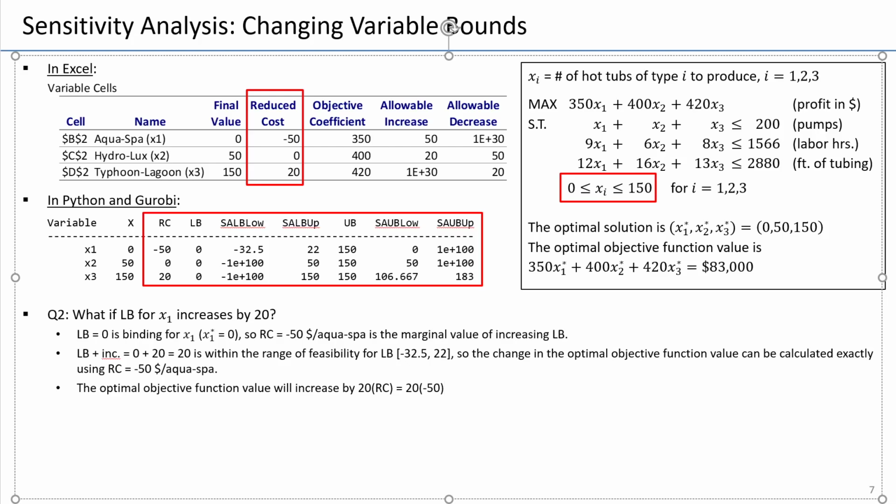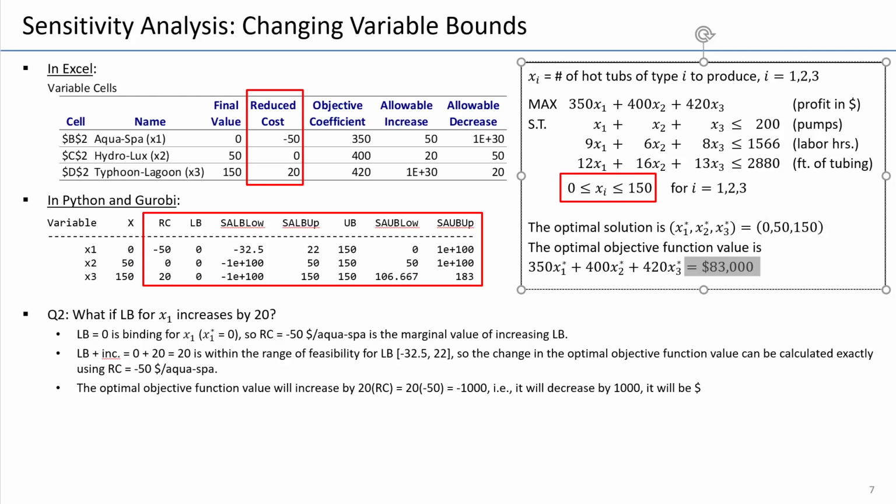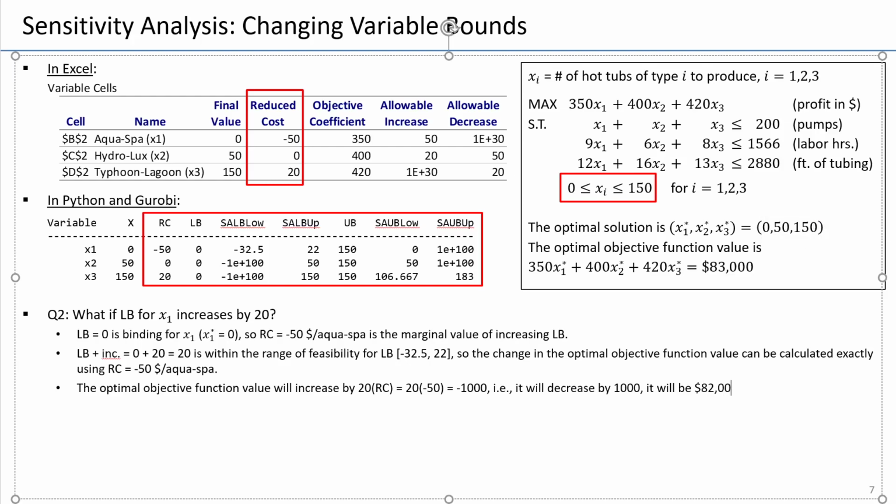I'm saying an increase by minus 1,000, right? But how do we interpret an increase by minus 1,000? Actually, it will decrease by 1,000, right? Adding minus 1,000 will mean subtracting, so it will be 83,000 here. It will be 82,000, right?